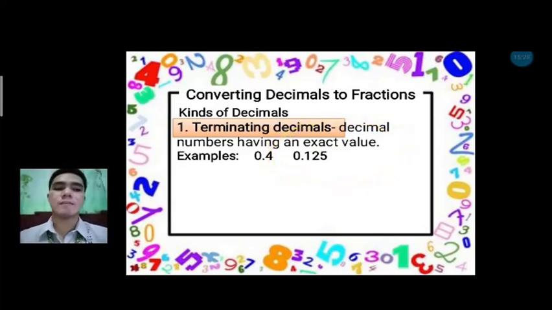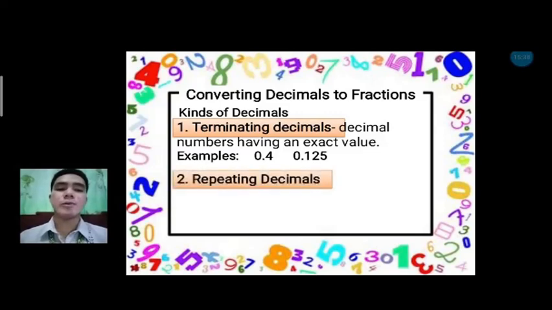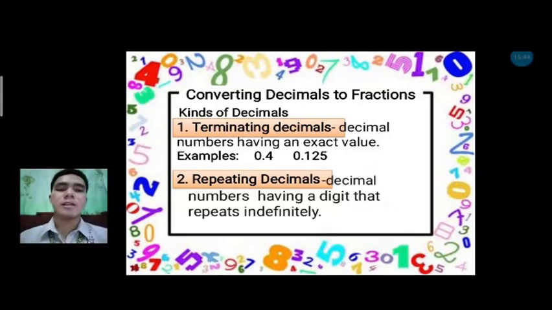Okay? Then number 2 is repeating decimals. Here you are able to encounter repeating digits. Those are decimal numbers having a digit that repeats indefinitely, or infinitely repeated.